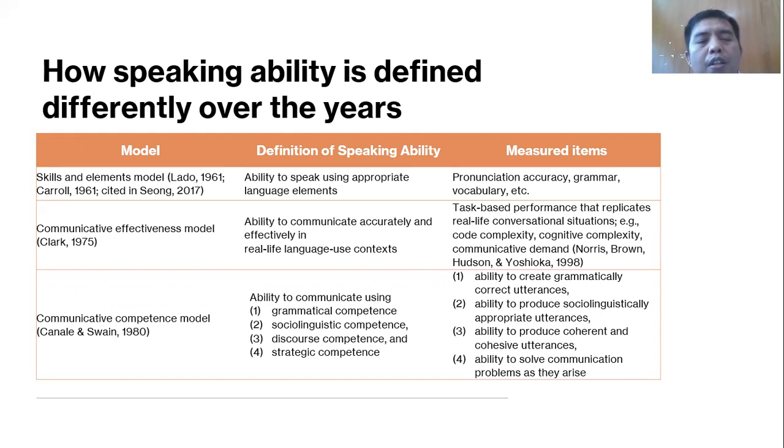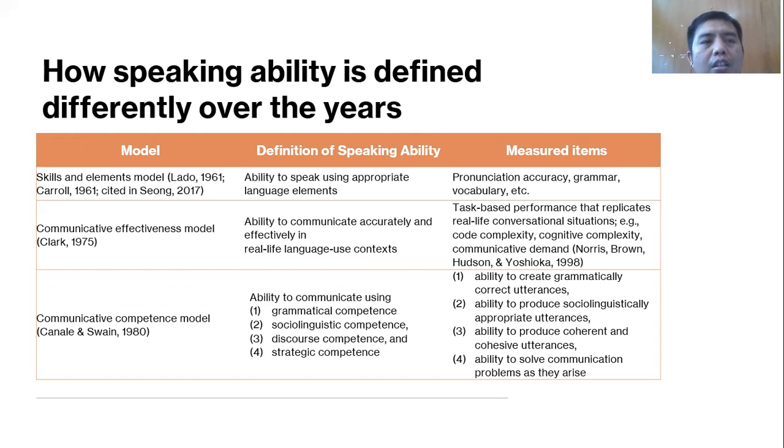So if you are using this theoretical framework for constructing your test, then your test will probably measure such things like pronunciation accuracy, grammar, and vocabulary. And then in 1975, there is another model called communicative effectiveness model.